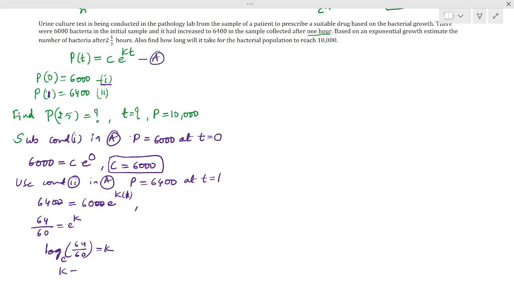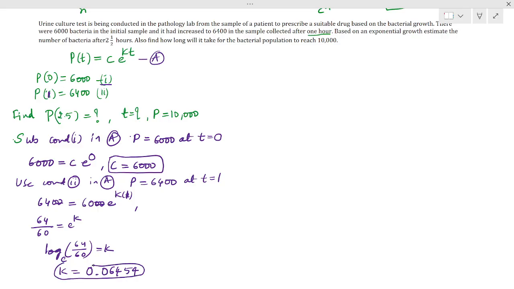So k is equal to log of 64 by 60 base e, which you can get as 0.06454.